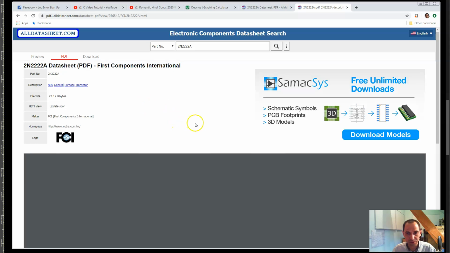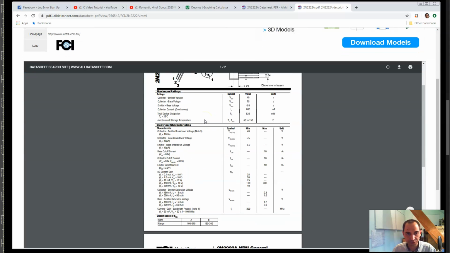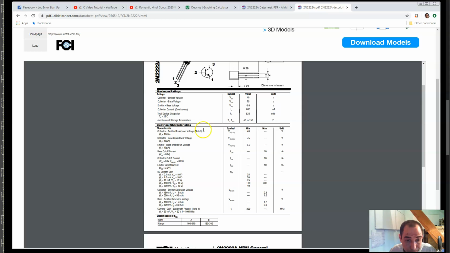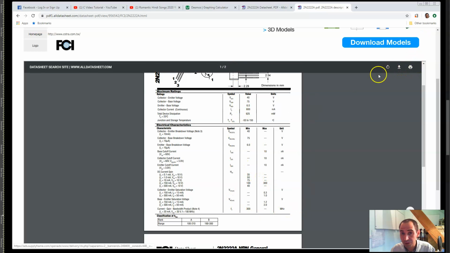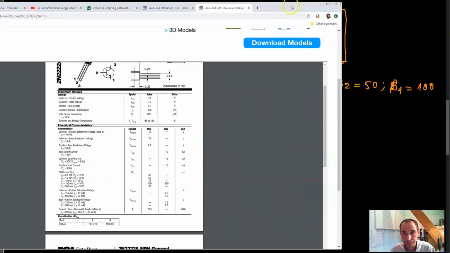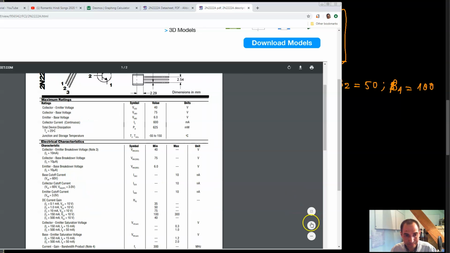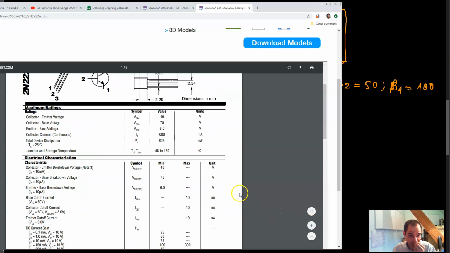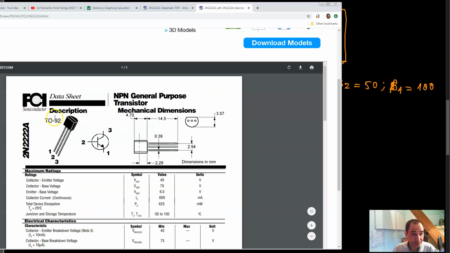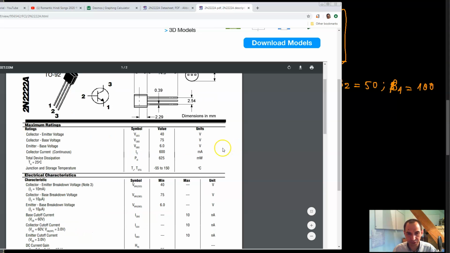I don't think this data sheet is going to be good enough, but you see over here, if I can make this a little bit larger, it tells me that this is a TO92 package transistor, 2N2222A, and these are the dimensions and everything, which is not important.